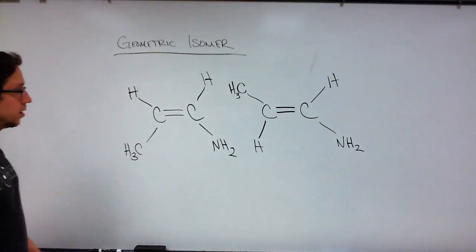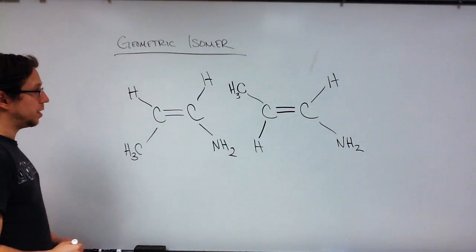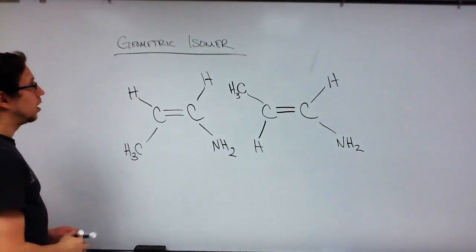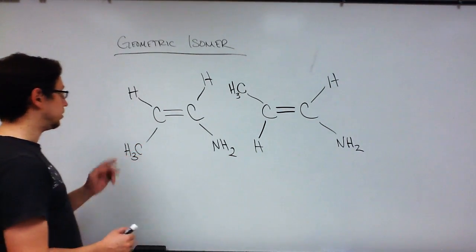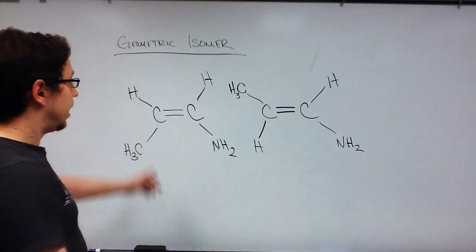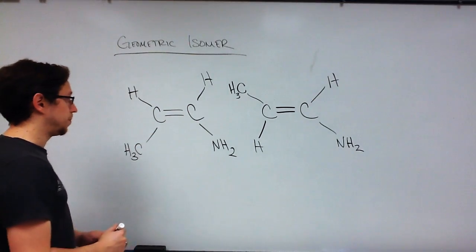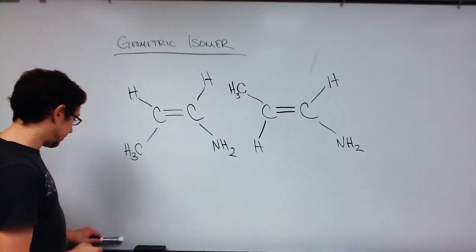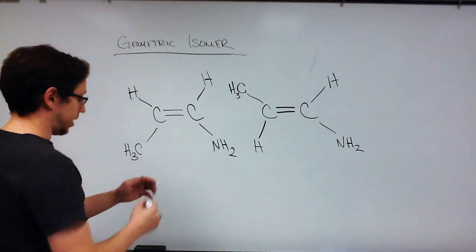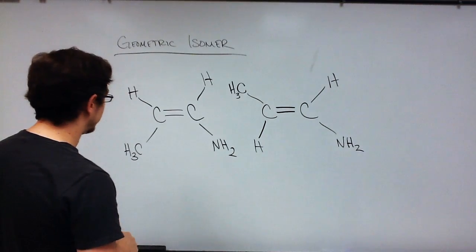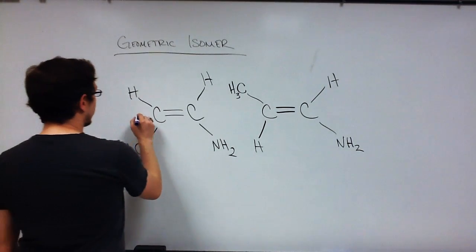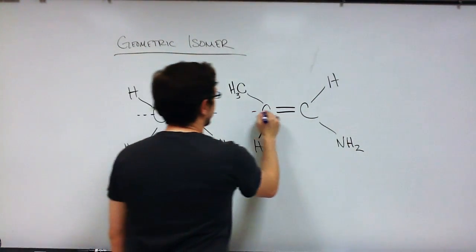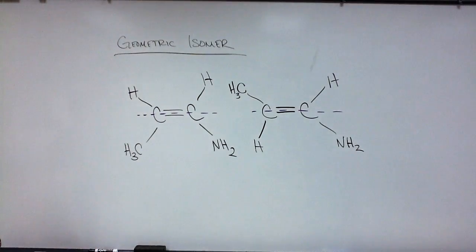So the first thing we check is to ensure that these are indeed isomers. So I would look at the number of carbons, nitrogens, hydrogens to ensure that we have the same number. And if you go through it, you'll find that we indeed do. So now I need to figure out which of these two is in the cis orientation and which is in the trans orientation. So the thing that I recommend you do in lecture is draw a dotted line through the carbon-carbon double bond and look at what you have on the top and the bottom.